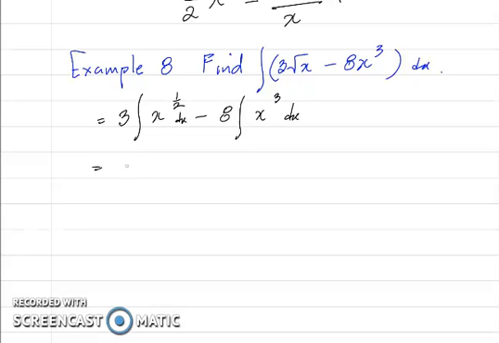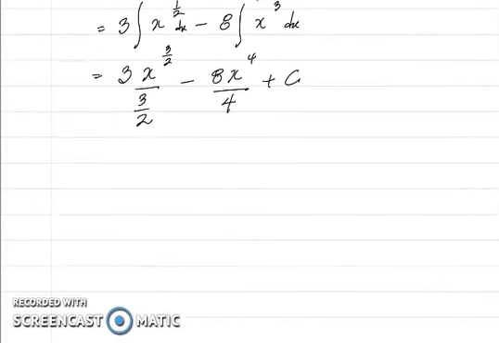So this becomes 3x to the 3 over 2, since we increase the power by 1, then divide by the new power, which is 3 over 2, minus 8x to the 4, divided by the new power 4, plus c, the constant of integration.